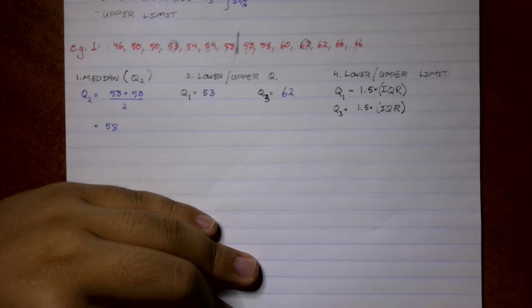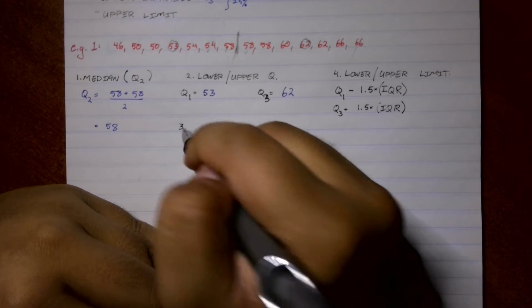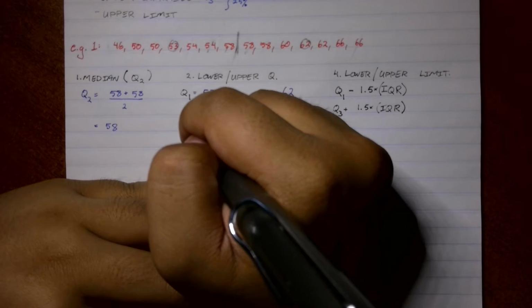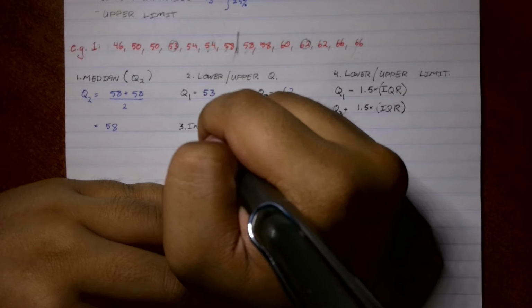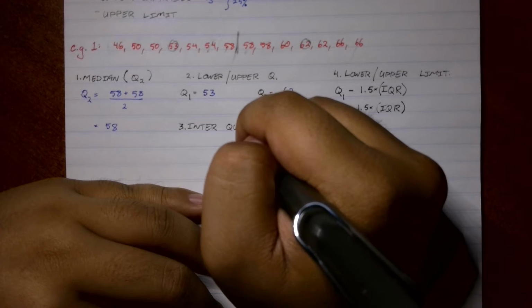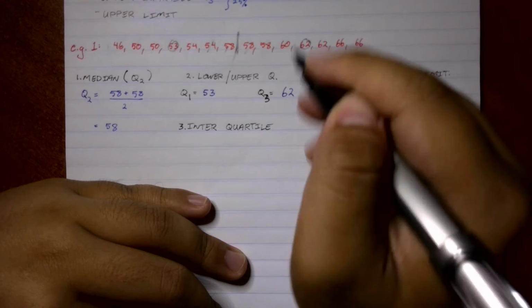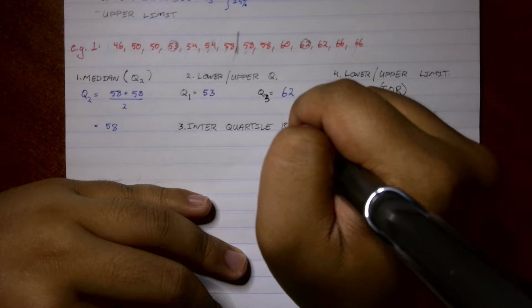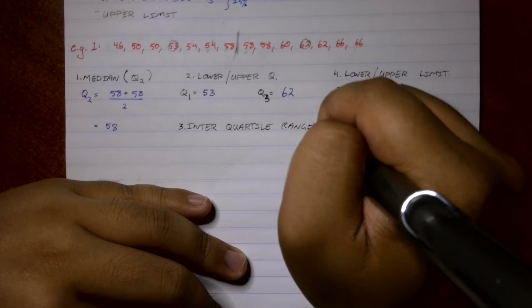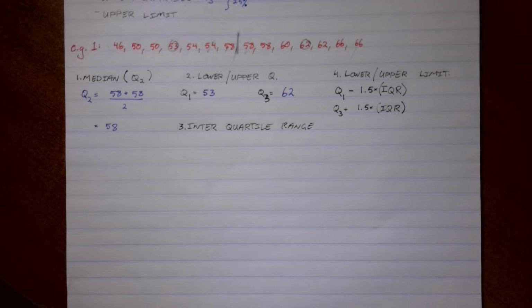And what the IQR is, number 3, is the third thing we need to calculate. It is called the interquartile range.